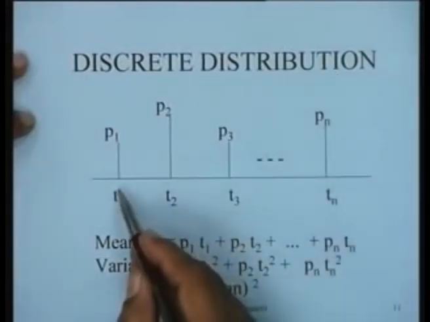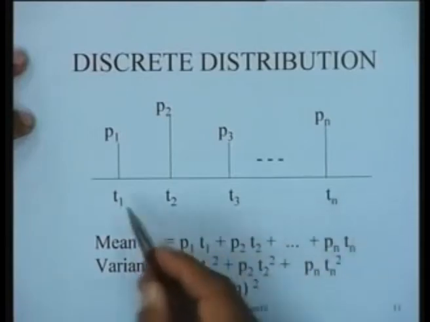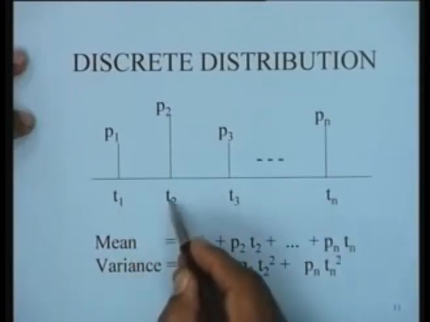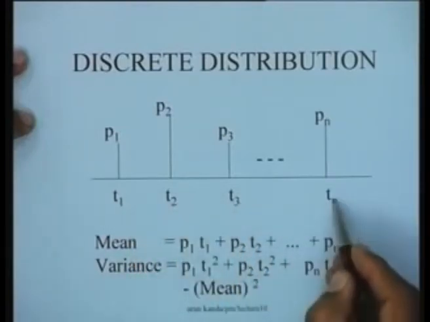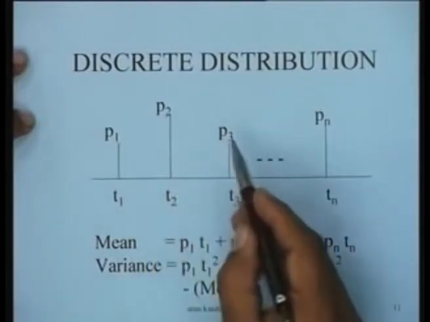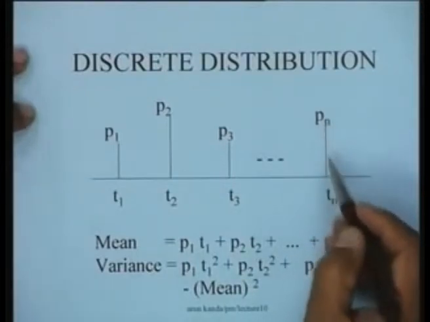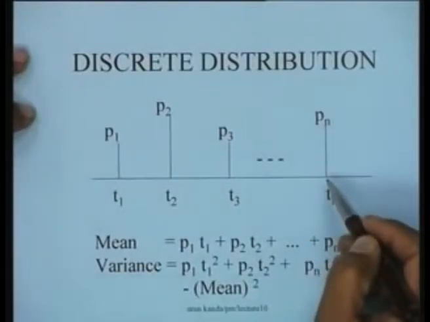A discrete distribution would be something like this, that the activity could take the time either t1 or t2 or t3 and so on up to tn with probabilities of p1, p2, p3 and so on up to pn. You see, this may happen, for instance, if you have the historical record of the time that a particular activity took, right?